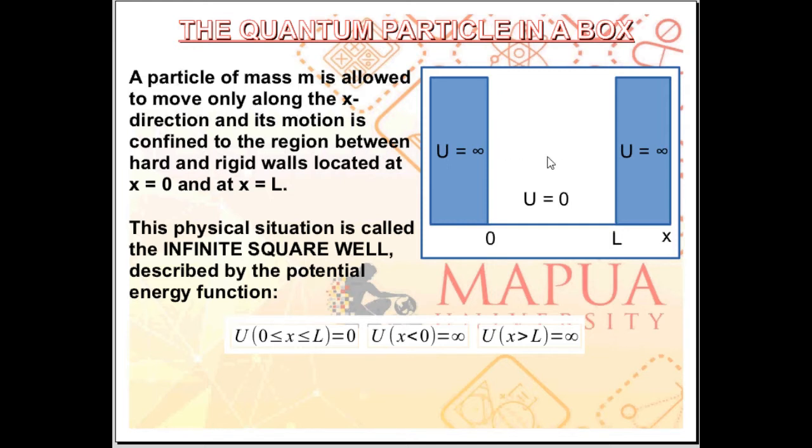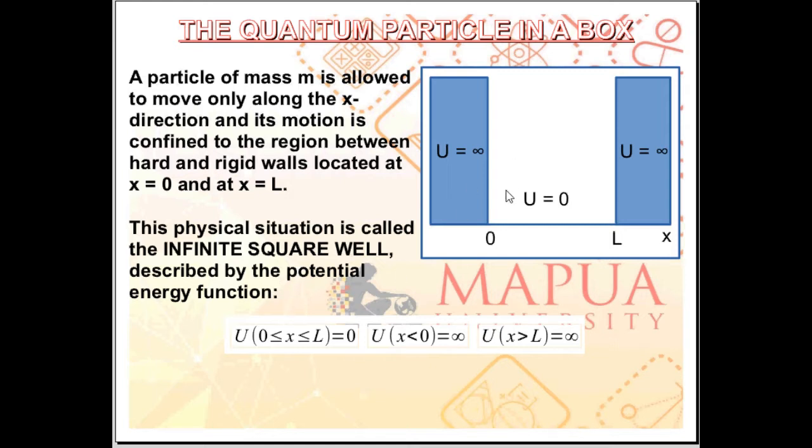The particle is confined to move on the x-axis between x is equal to 0 and x is equal to L. This physical situation is called the infinite square well and is described by the potential energy function U.